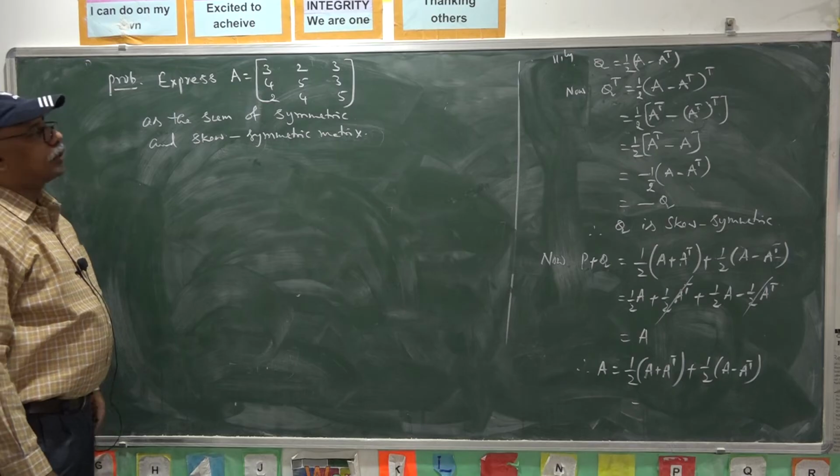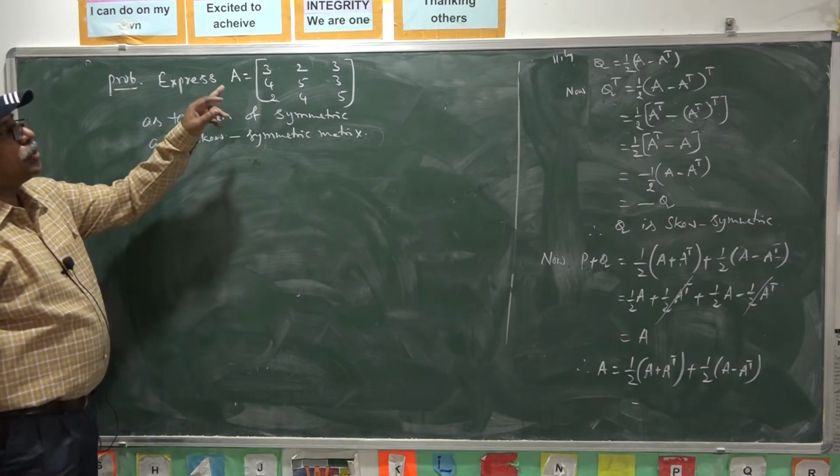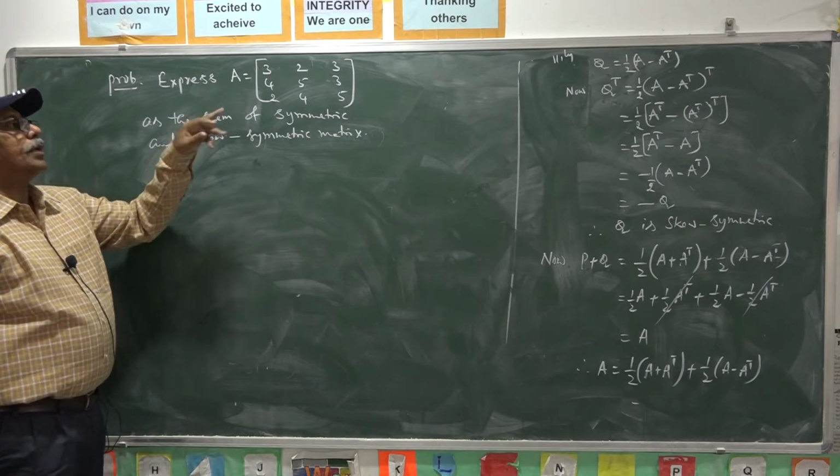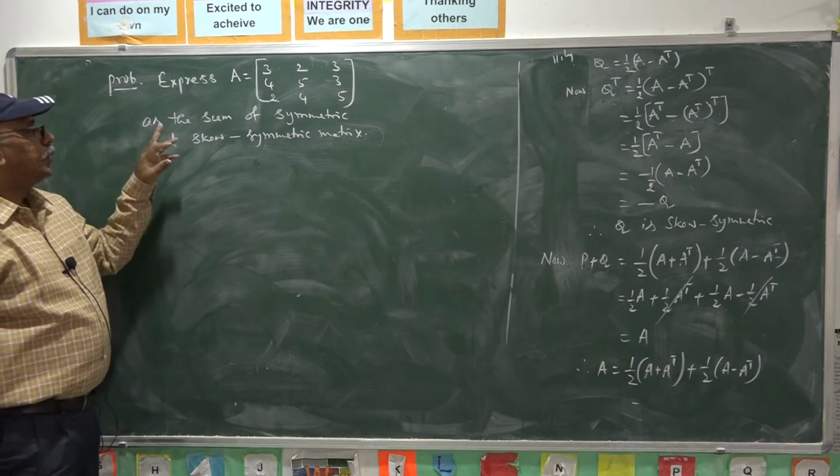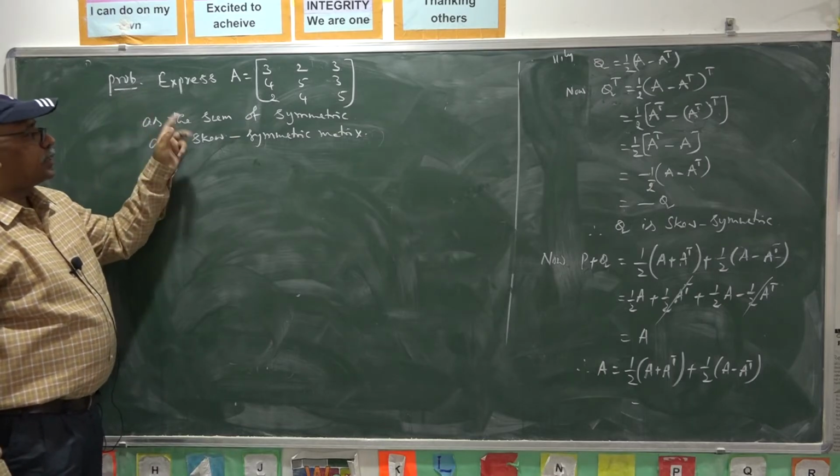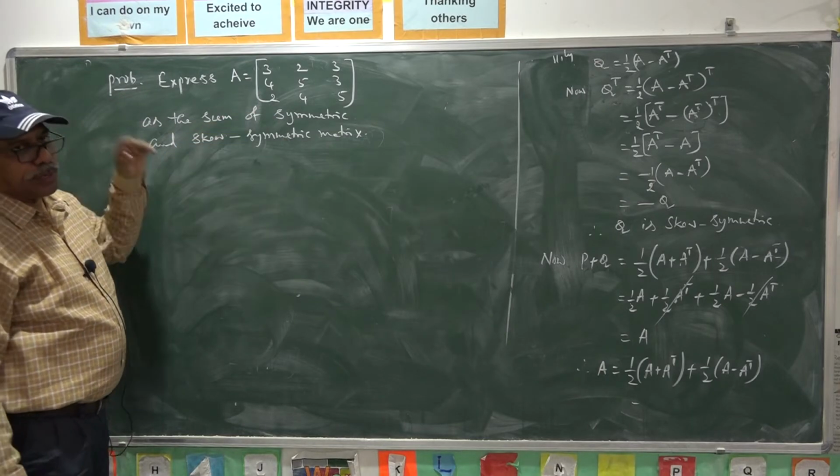If A is equal to the given square matrix, then you have to express A as the sum of a symmetric and a skew symmetric matrix.